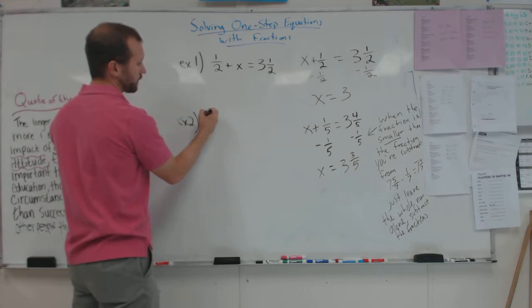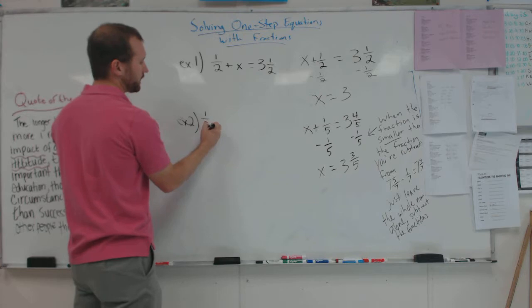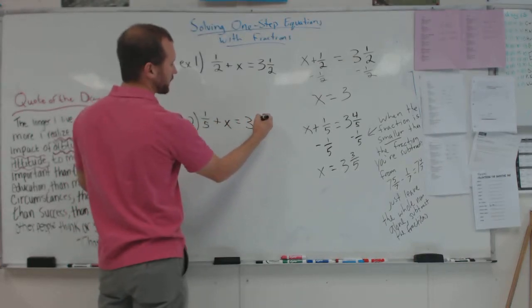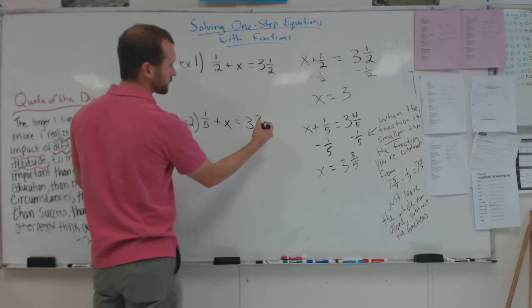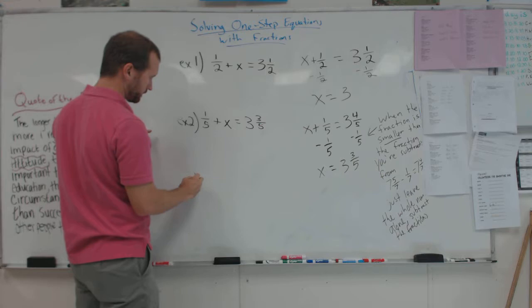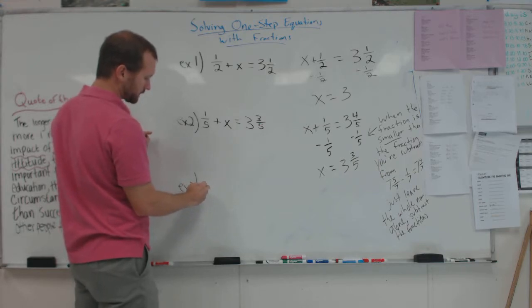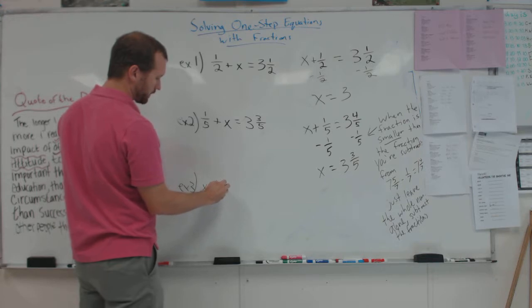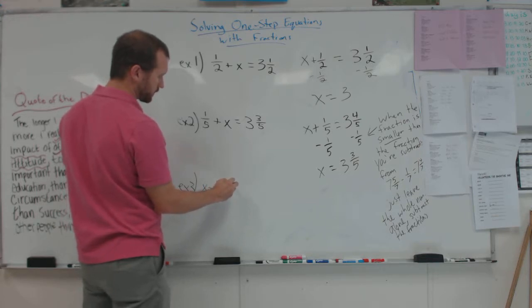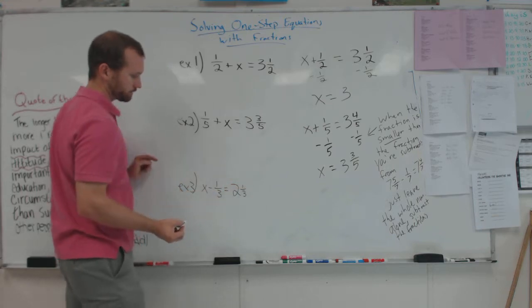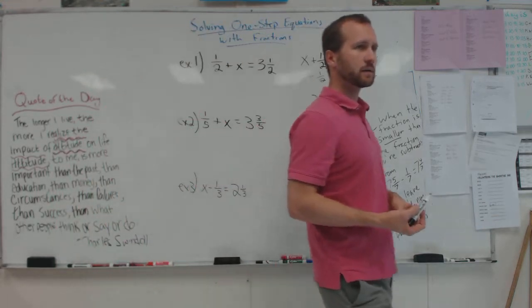It's going to be 1/5 plus x is 3 and 3/5. And then example 3, x minus 1/3 equals 2 and 1/3. And let's see if you guys can do this.